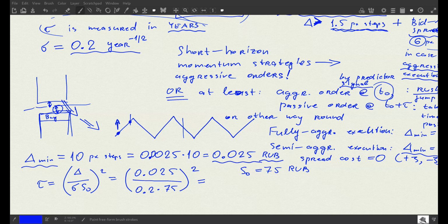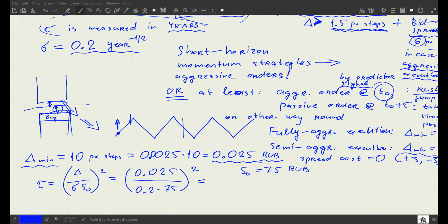Let's see, 0.275 and squared. Yes, roughly 2.8 times 10 to the -6 year.